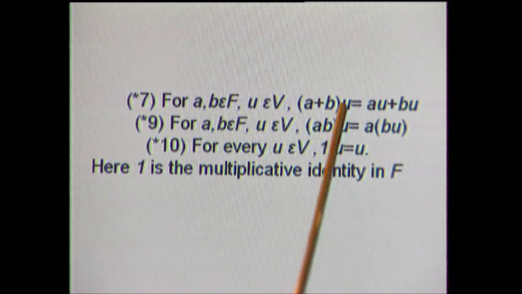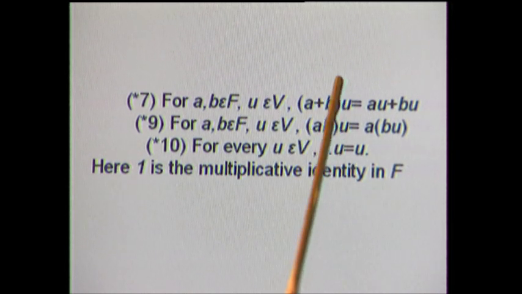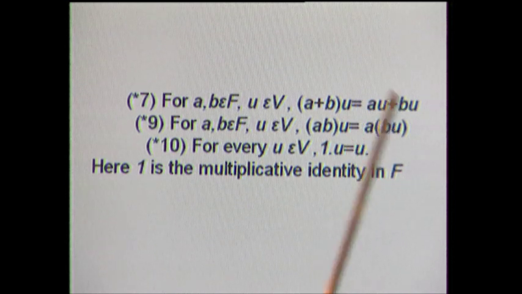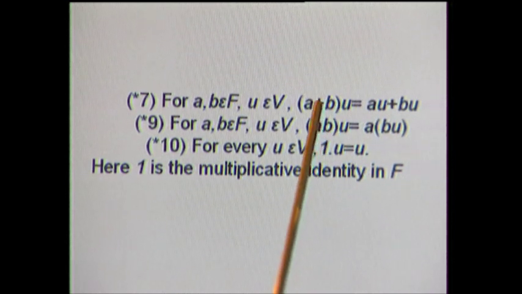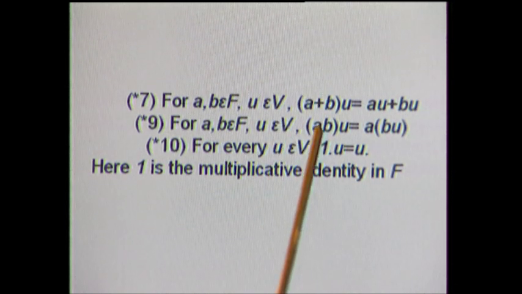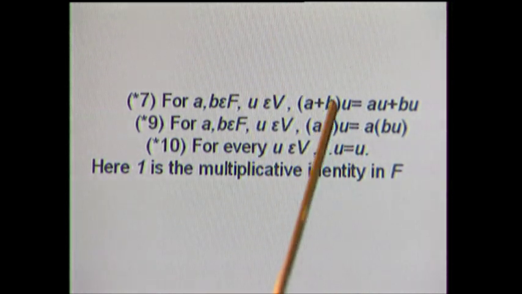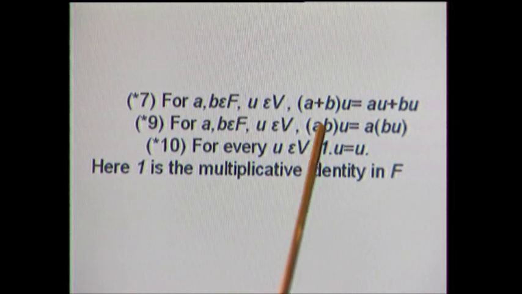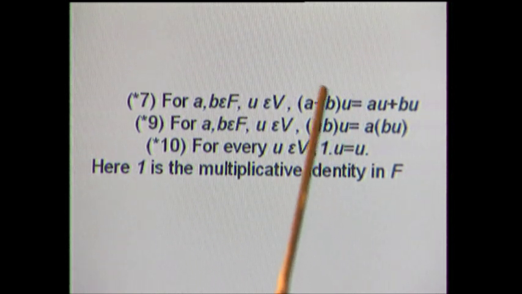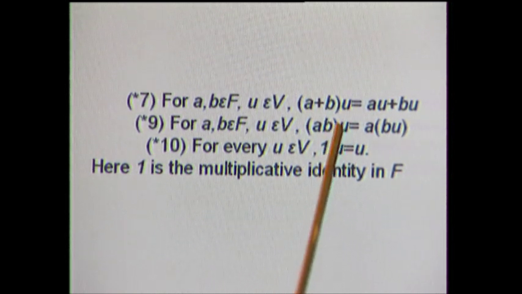The scalar is multiplied by u from V, so this is scalar multiplication. It should be equal to au plus bu, means the scalar multiplication should be distributive over the addition in the field, and then (ab) into u should be a into (bu). Here a and b are again coming from F, and a into b is the product of a and b in the field, and this scalar is multiplied by u, therefore this is scalar multiplication.